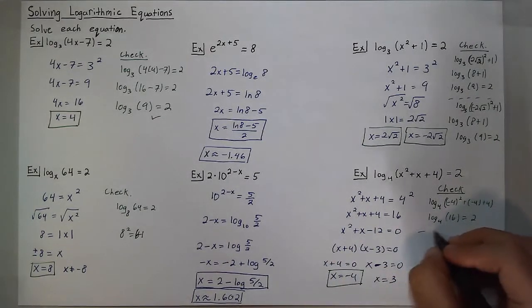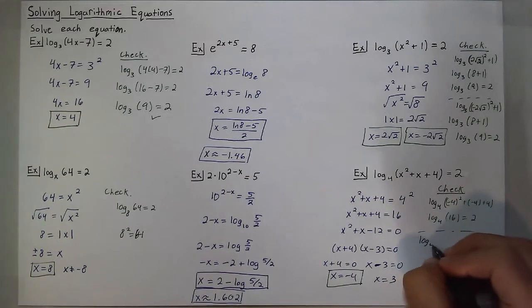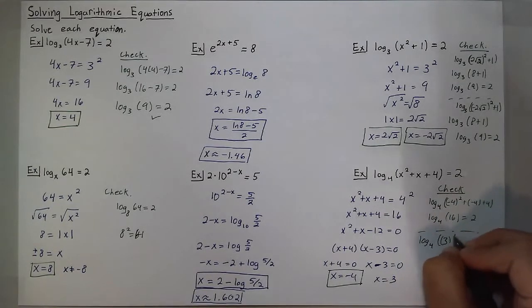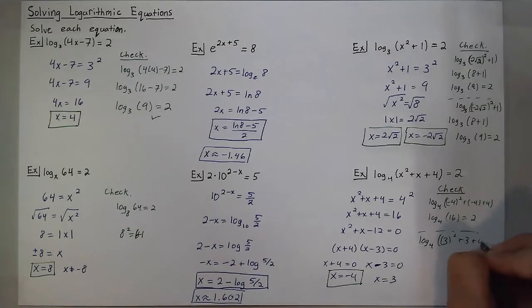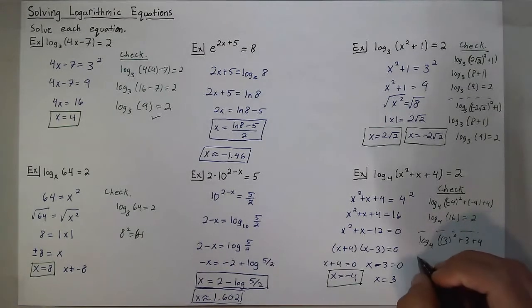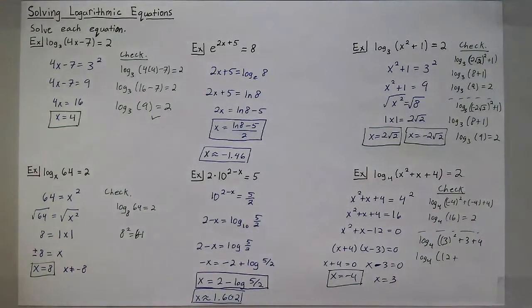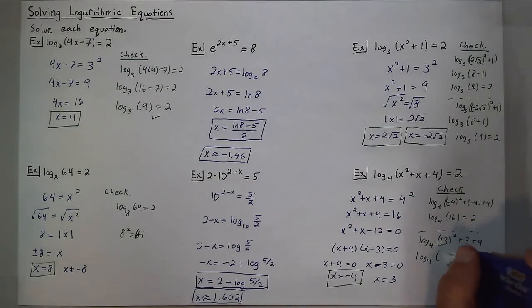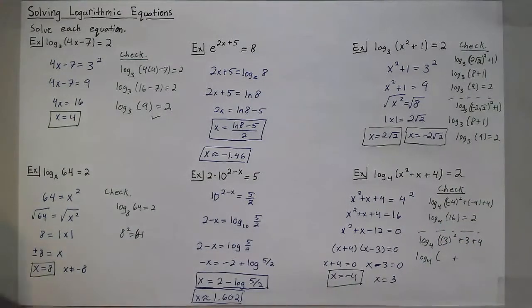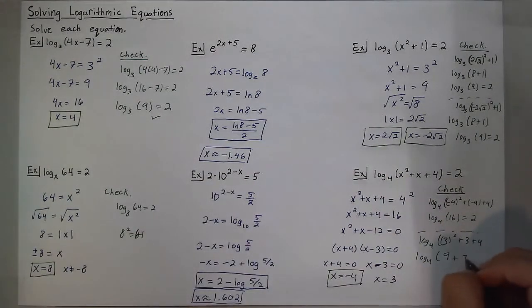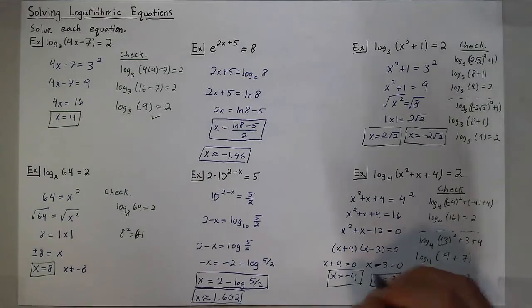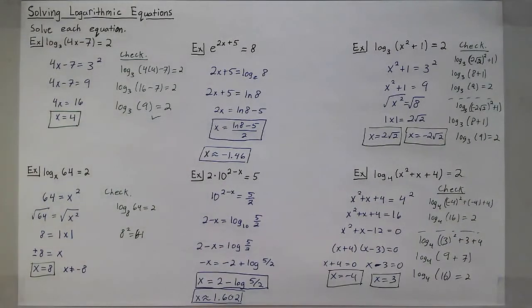And then my other check, log base 4 of 3 squared plus 3 plus 4 gives me log base 4 of, not 12, 9 when you square 3. 9 plus 7, which is 16, which also equals 2. So both solutions work. And that is how you solve logarithmic equations.